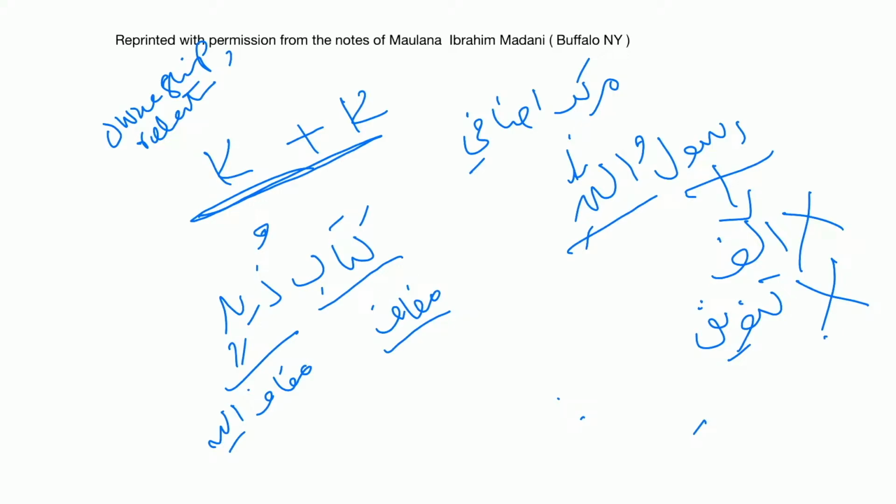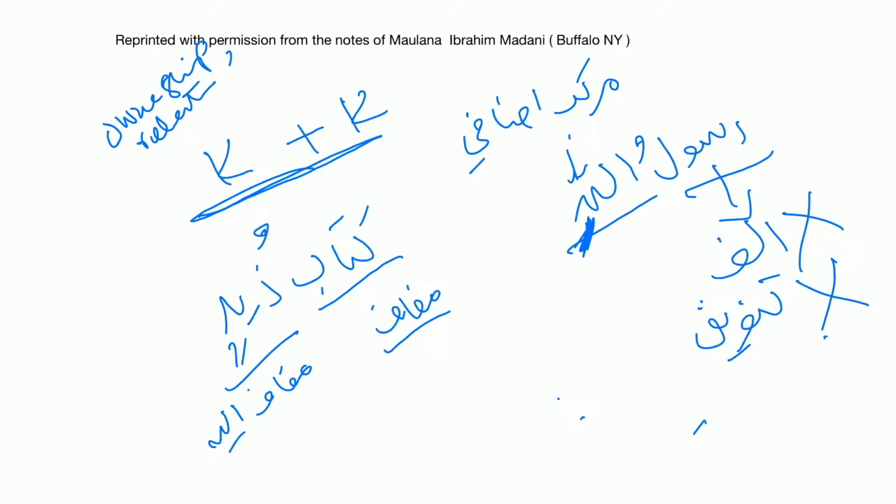So mudaf will never accept tanween or alif lam. And mudafun ilayh will always be in jar, kasra. Rasulullahi, Kitabu Zaydin, Baytu Rajulin, alright? Masjidul Harami. समझ गए?